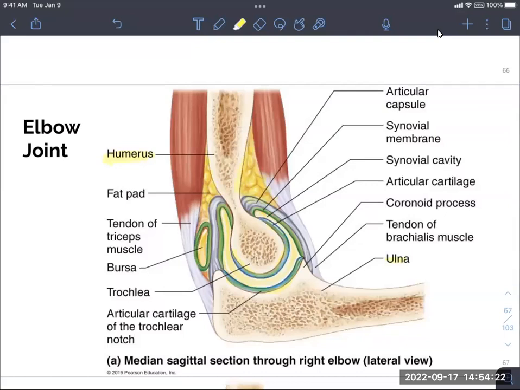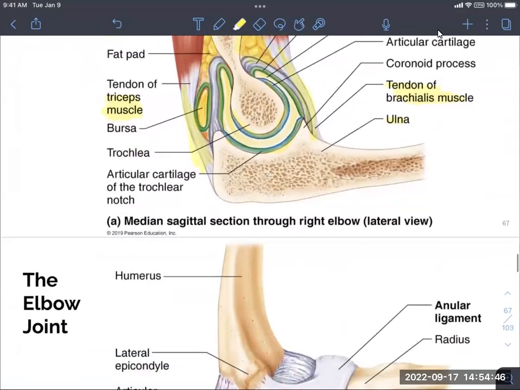You also have a bursa in the back of your elbow there. But you can see the different muscles and tendons because you've got the triceps muscle in the back and you have the biceps muscle in the front that's helping to reinforce that joint.